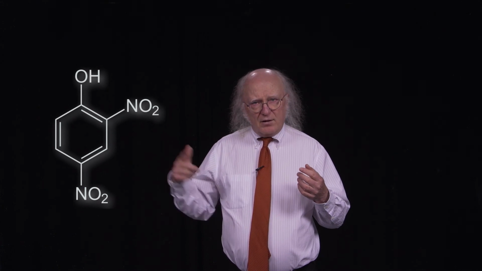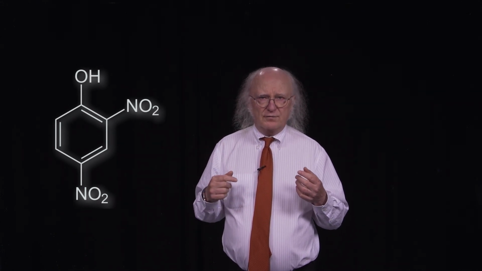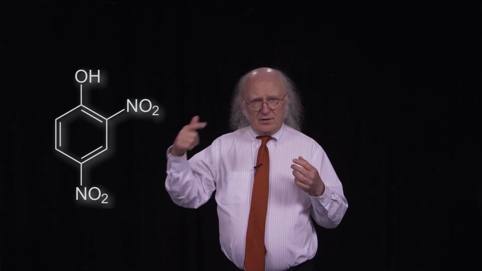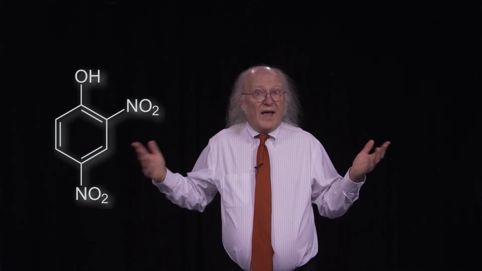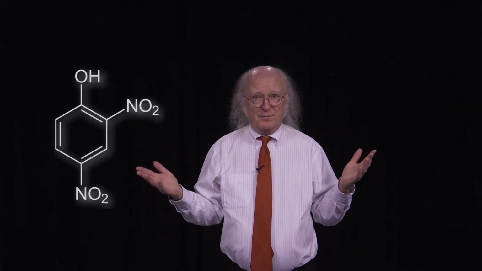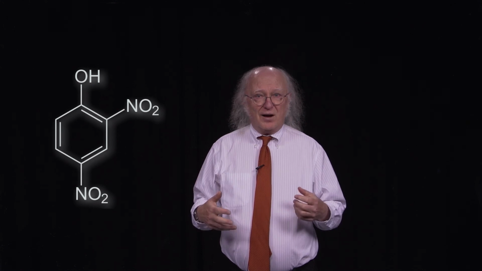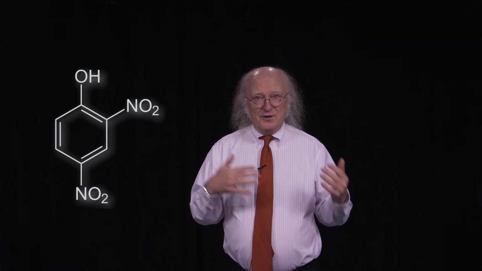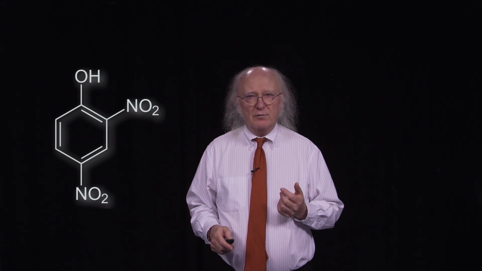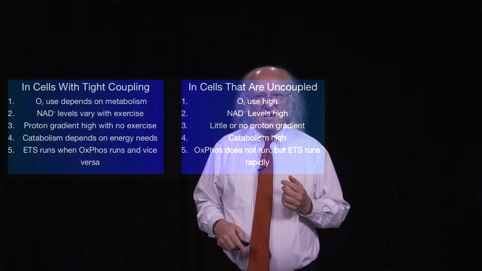So we can see how this compound 2,4-dinitrophenol will facilitate the burning of nutrients without any exercise. That's why it was considered the perfect diet drug. The problem was it was killing people simply because they were not making ATP. Okay? So that's what happens when respiratory control is lost with an uncoupling reagent such as 2,4-dinitrophenol.